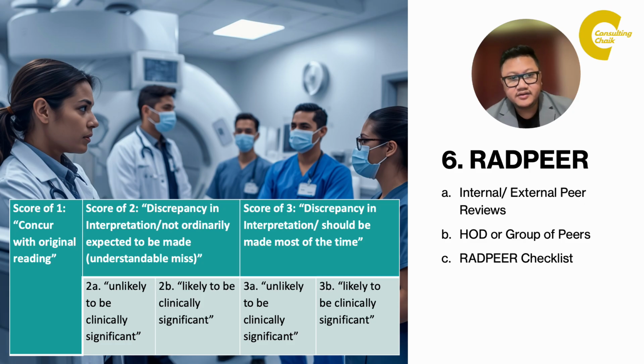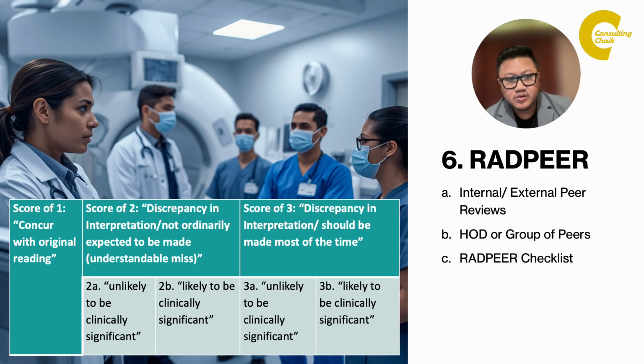Similarly, in the third scenario, you score a 3. A 3 is basically a discrepancy in interpretation that should be made most of the time, so it should not have been missed. Here you again have two types: unlikely to be clinically significant and likely to be clinically significant.